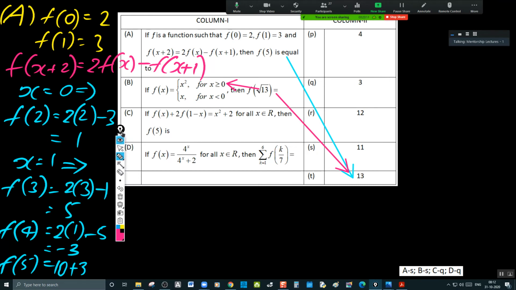It is a question on functional equations. f(x) plus twice f(1 minus x) is equal to x square plus f(x). Let me change the color so that you will understand. This is C I'm talking about.